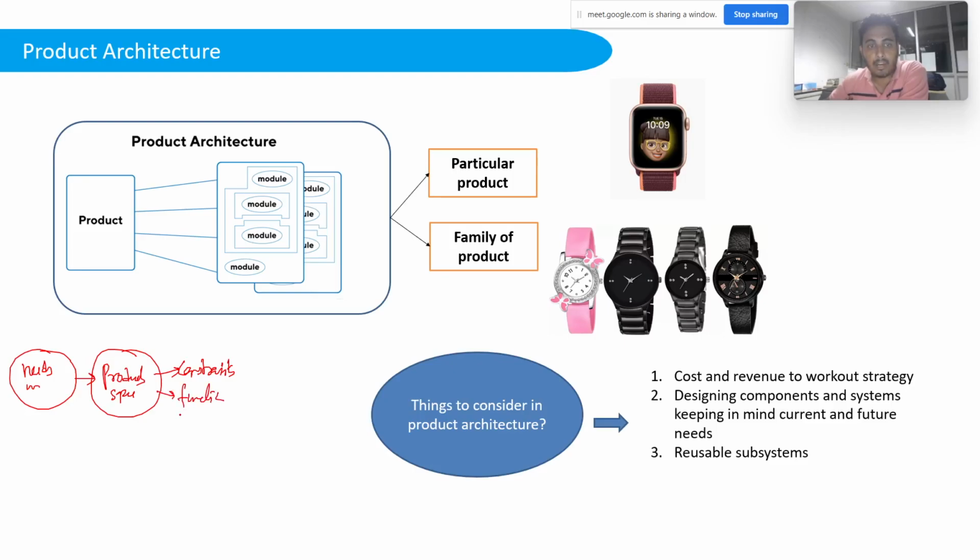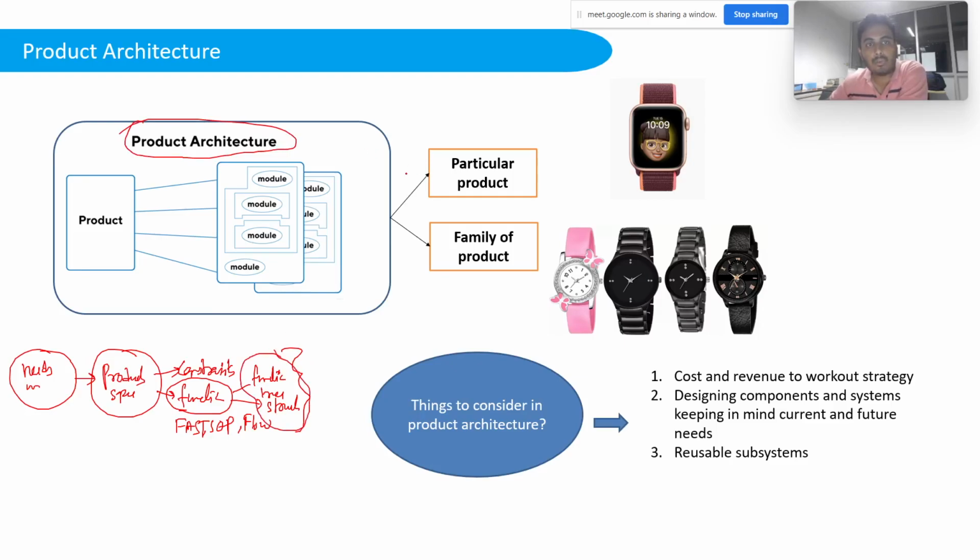Then we discussed how these functions can be derived into further sub functions using functional decomposition methods like FAST, SOP, and the flow model. At the end we end up with some sort of function tree or structure. But the next question is how to come up with some sort of product architecture using this function model.